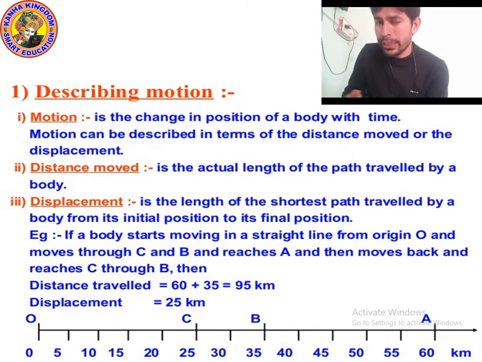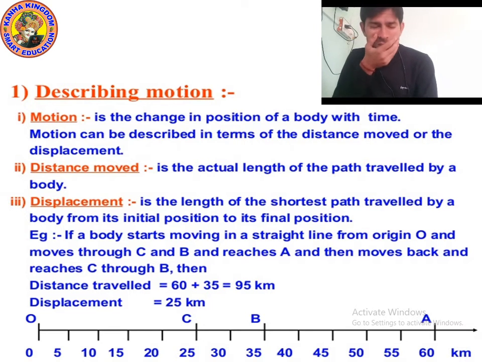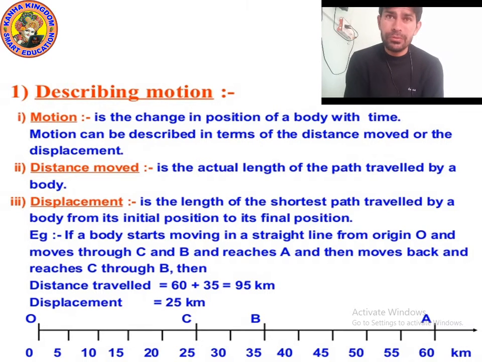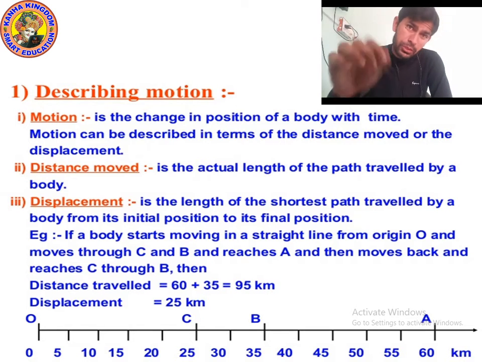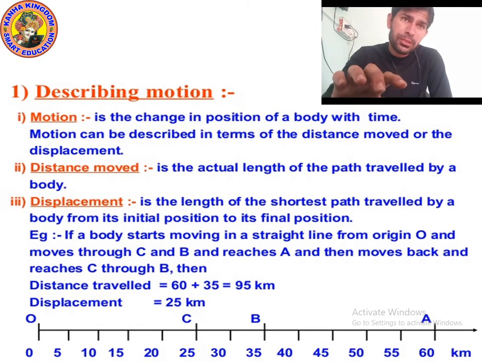Or if you are going in a direction, it means you are doing displacement also. So what is the difference between distance and displacement? Let's study. But before we study distance and displacement, let me tell you one more thing. What is the meaning of scalar quantity and vector quantity? I have not written it, but I am telling you.